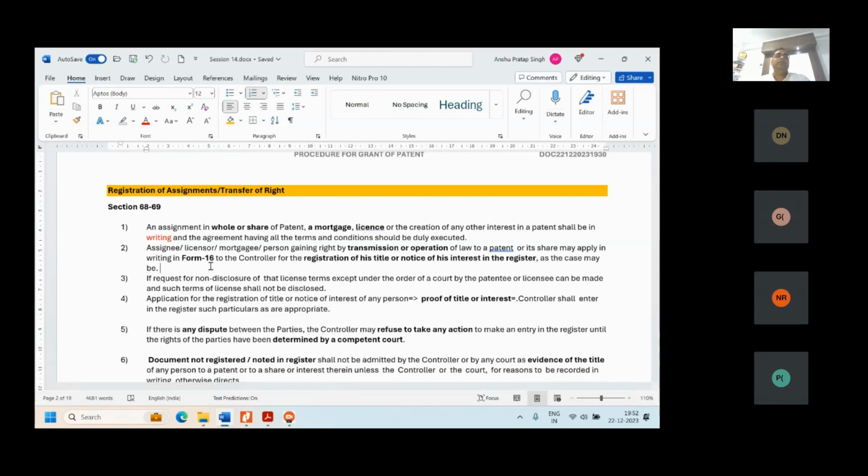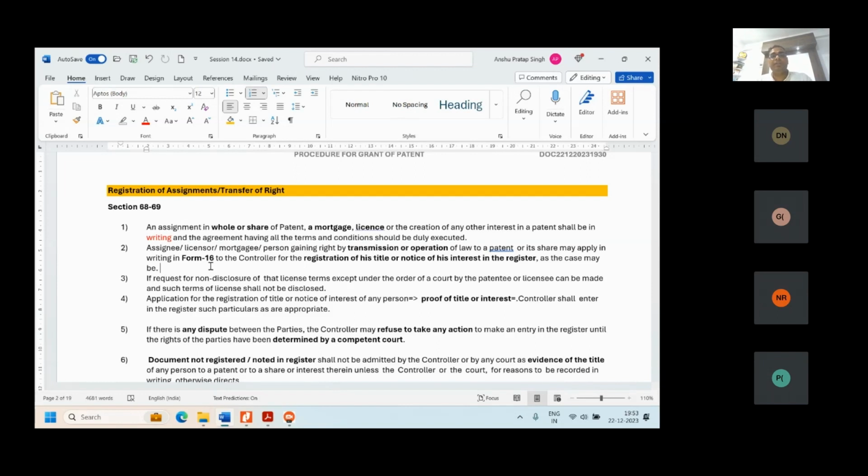Then all the T&C should be properly covered and it should be duly executed. When I say duly executed, what does that mean? Duly executed means it has proper stamping and everyone who is interested in this has signed it. That is duly executed.